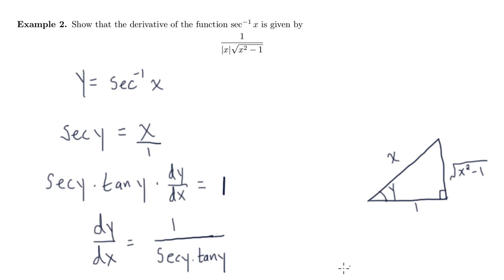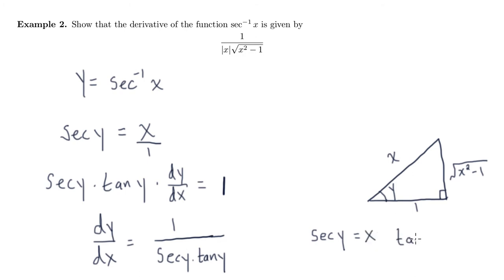Okay, so let's think. Now, secant y is supposed to be x. We know that already.